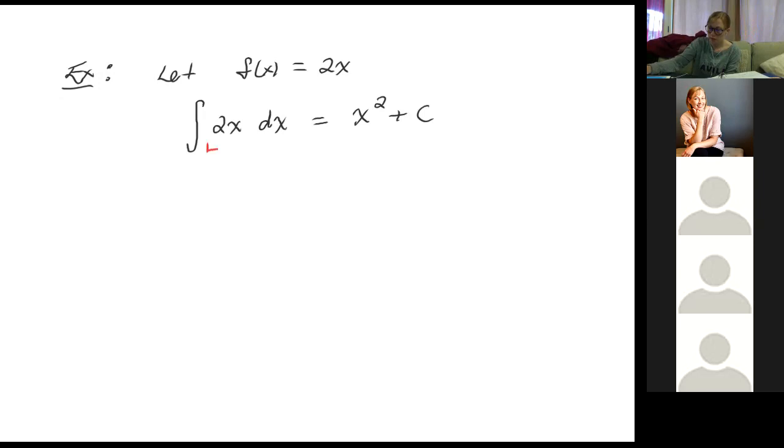This is my little f of x function, my integrand. This is my big F of x function. This is my antiderivative.